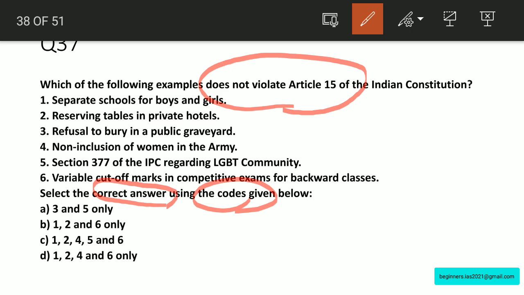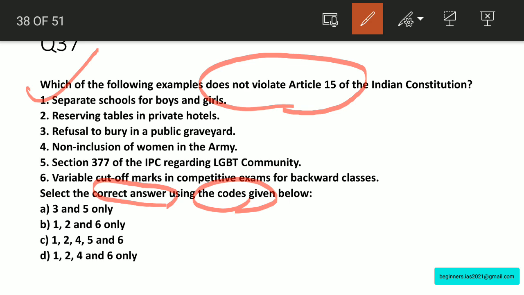Statement 1 is correct. Why? Some provisions can be made for women as per Article 15 of the Indian Constitution. Also, one has to note that under Article 29, admission cannot be denied only on the basis of race, religion, caste and language. Here one has to know this minute thing.